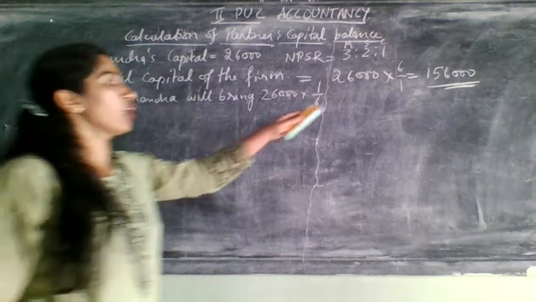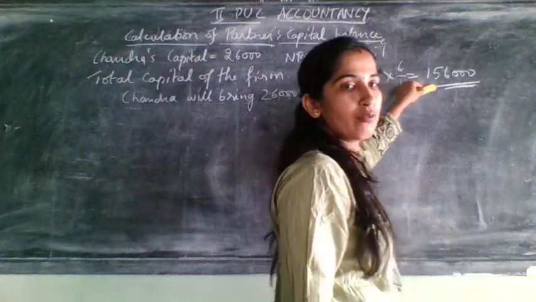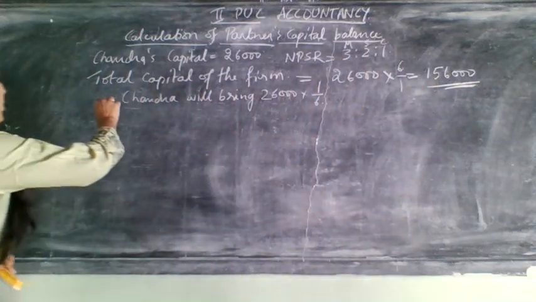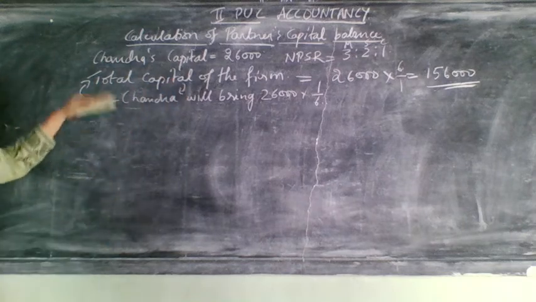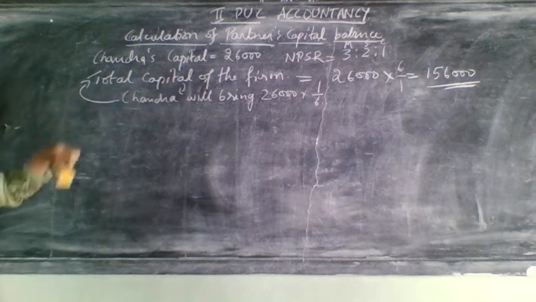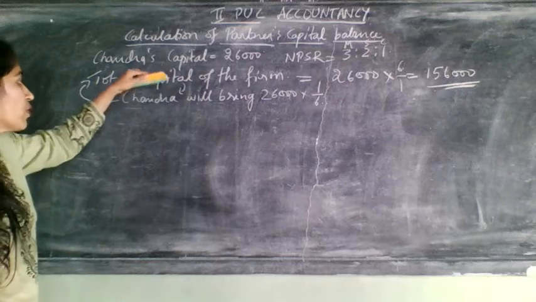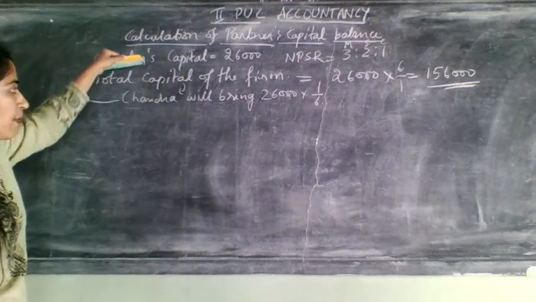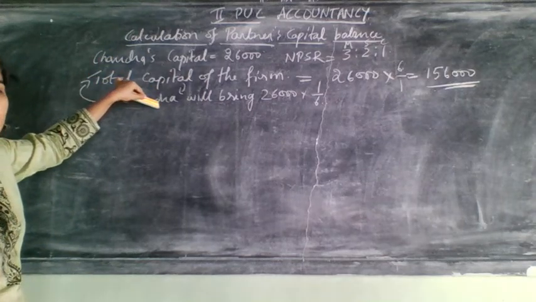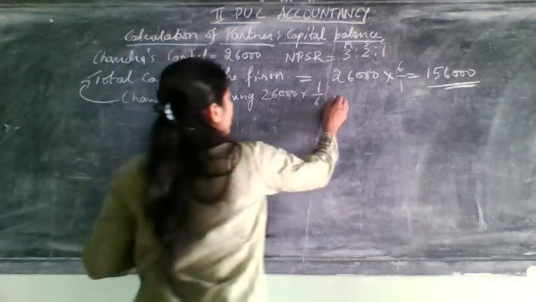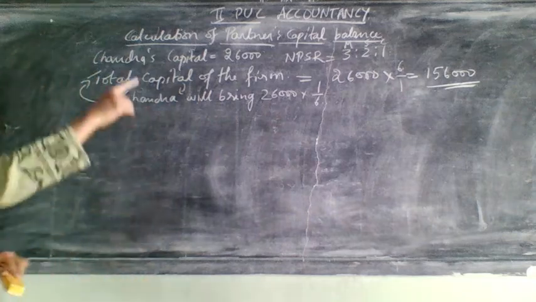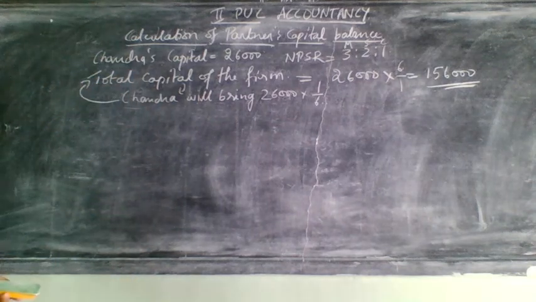Okay, now we got total capital of the firm. Actually this should go up and this will come down. I have written here and there, so correct it while writing in your notes. So write Chandra's capital, and then Chandra will bring 26,000 for 1/6 share. Next you write total capital of the firm. Now you got total capital, that is 1,56,000.